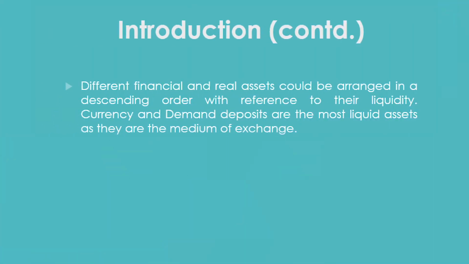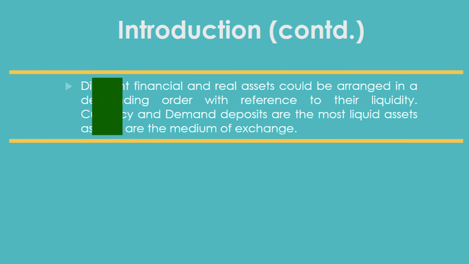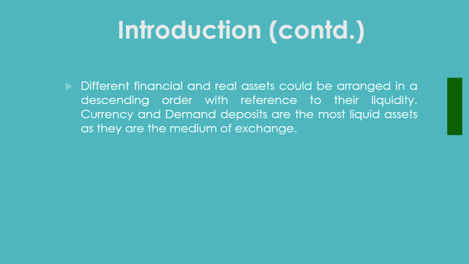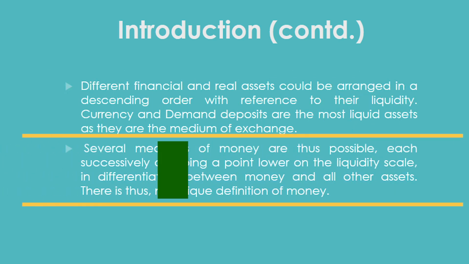Currency and demand deposits are the most liquid assets as they are considered a medium of exchange. There are several measures of money which are quite liquid assets, but each of them successively drops a point lower on the liquidity scale in differentiating between money and all other assets.